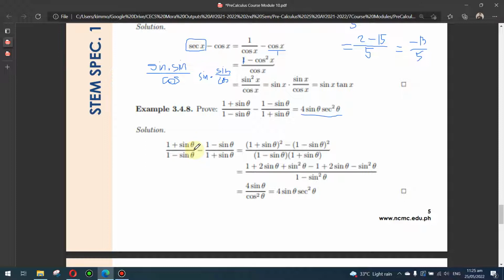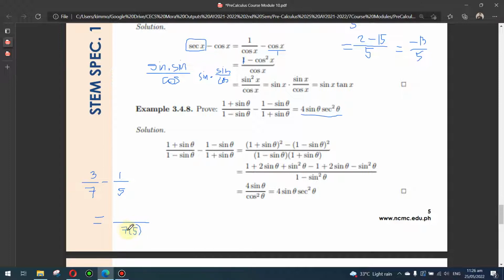Next is unsa man atong buhaton sunod? Atong i-subtract, no? I-subtract nato ni kani siya, i-subtract nato ani niya. That is by using the LCD. Diba? Kung sa natay fraction nga unsa man 3 over 7 minus natay 1 over 5 ana. Di ba? Kung pag-subtract ani sa atong duha ka fraction, pahita na tong LCD. Unsa may LCD ani niya, di ba? I-multiply lang nimo 7 times 5, no? 7 times 5.